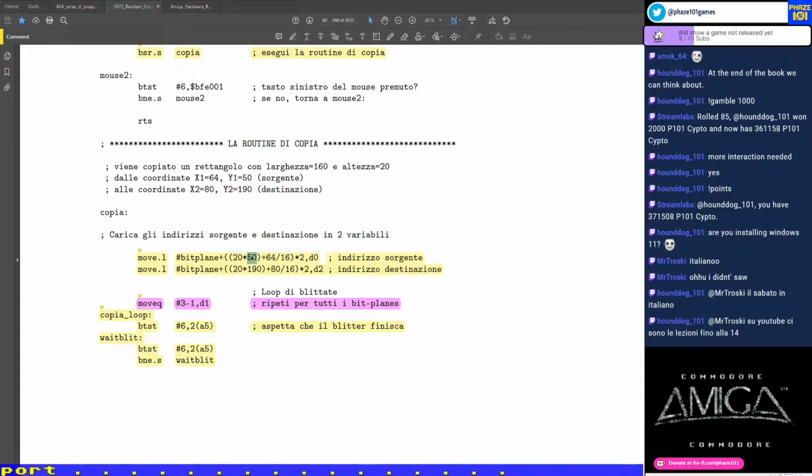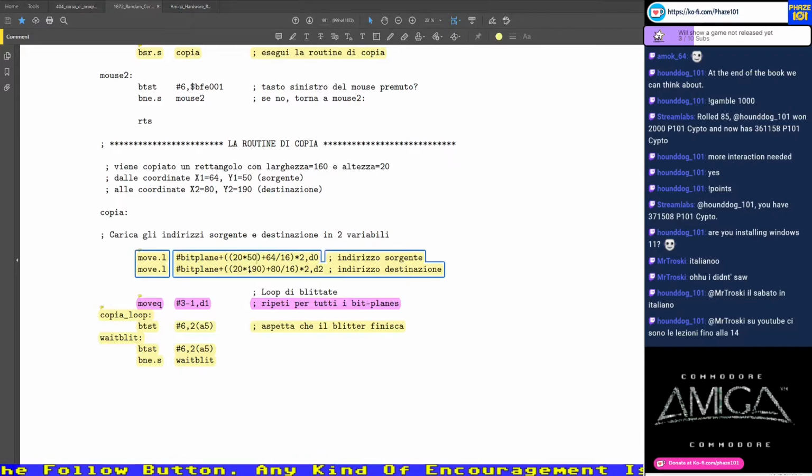Then we need to move to the right 64 pixels to get the Commodore logo text. So we get 64 divided by 16, and then remember these are words, so we times 2 so that we get the bytes, because we need to specify this in bytes.